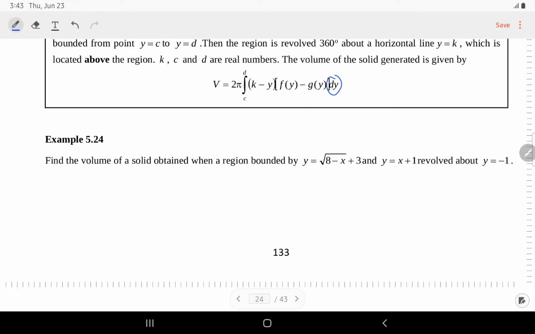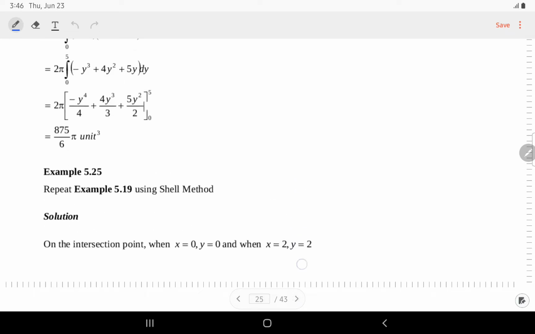Starting from example 5.24. Find the volume of the solid obtained when the region bounded by this curve and this straight line is revolved about y equals -1. This is the figure.